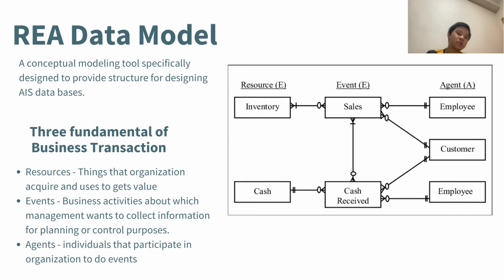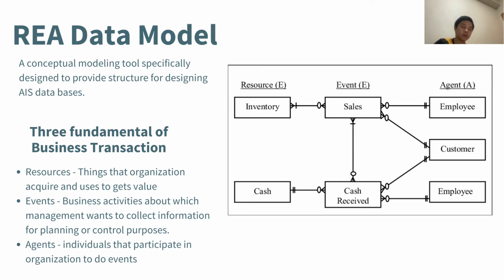The REA data model is a conceptual model designed specifically for accounting information systems that serve the needs of all users in an organization. The REA diagram consists of three entity types. Resources are the things of economic value exchanged.